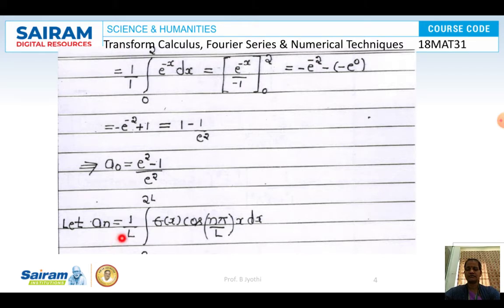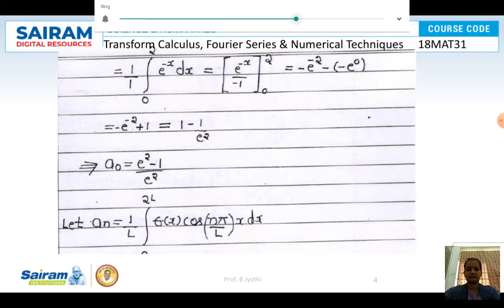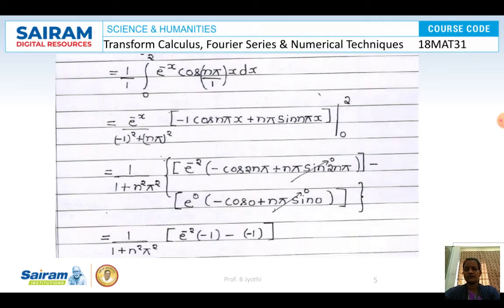The an value is given by 1 by L integral 0 to 2L f of x cos n pi by L x dx. On substituting the function and the L value, we get 1 by 1 integral 0 to 2 e power minus x into cos n pi by 1 x of dx.